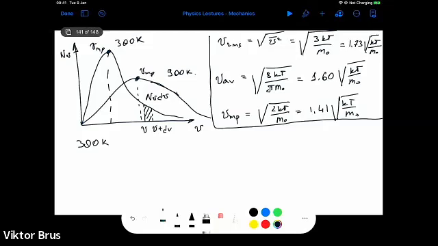So if we integrate over larger intervals, we can get the answer on how many particles of this system possess speed in the range from v1 to v2.